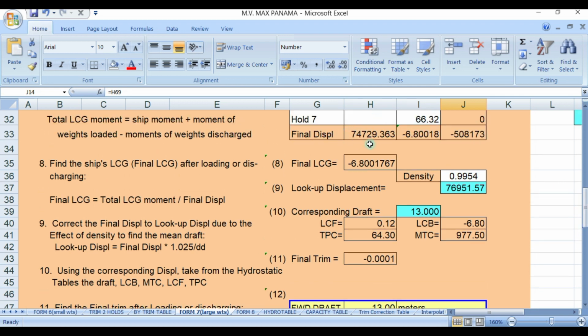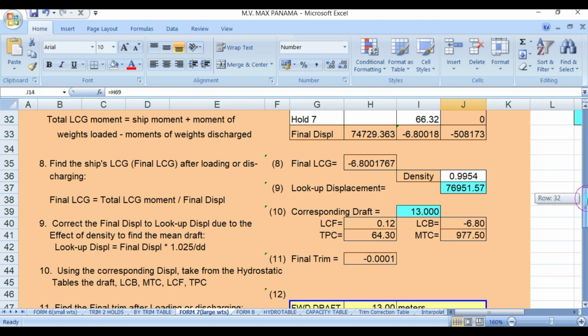This is the final displacement, times the constant of 1.025 over your local density, and the value of your lookup displacement will be 76951 metric tons. This will be your lookup displacement for this density.